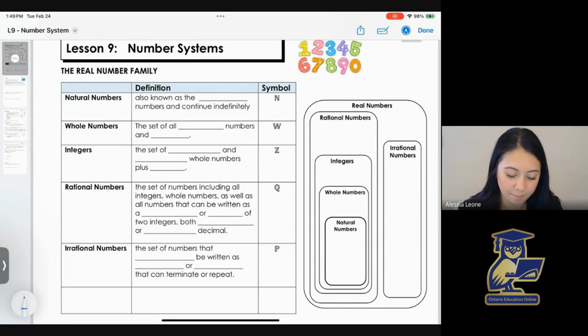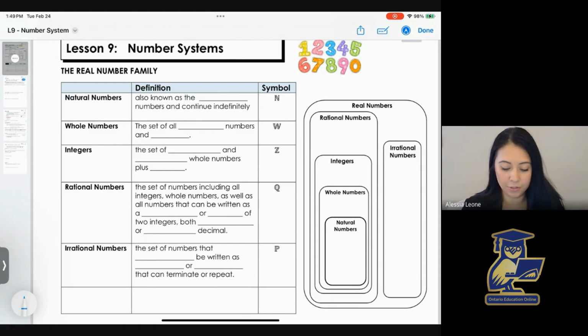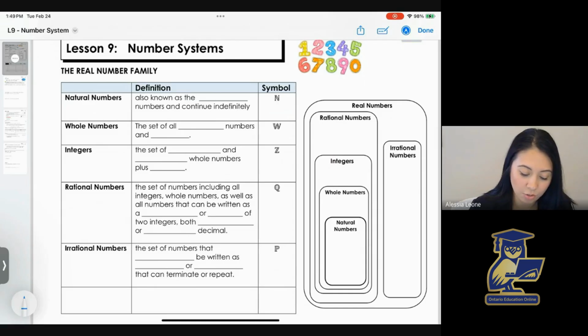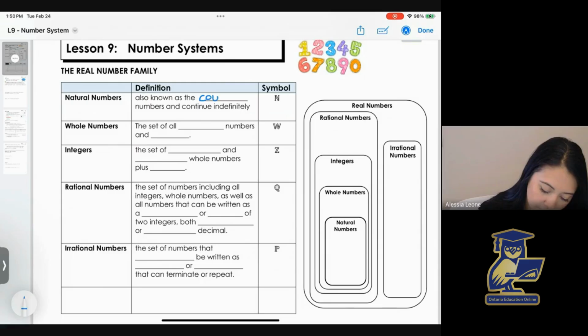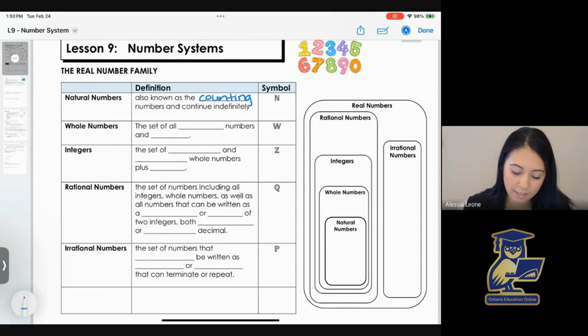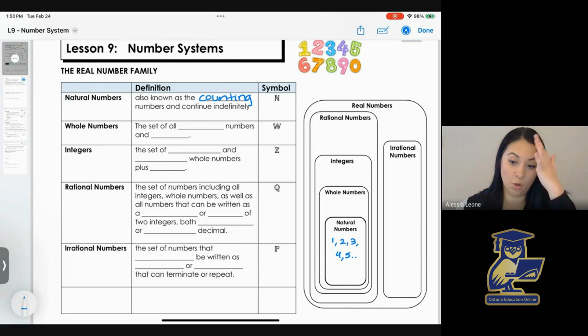Natural numbers, also known as the counting numbers, continue indefinitely. Some examples of natural numbers are 1, 2, 3, 4, 5, and so on.